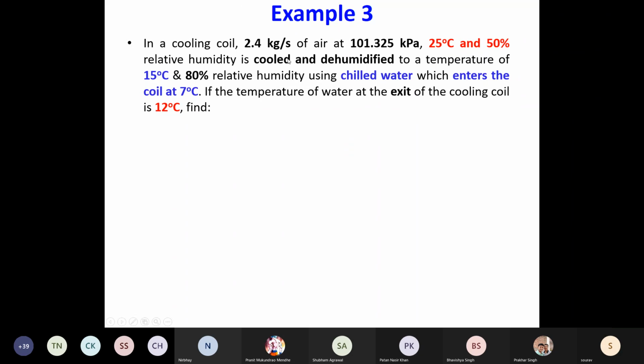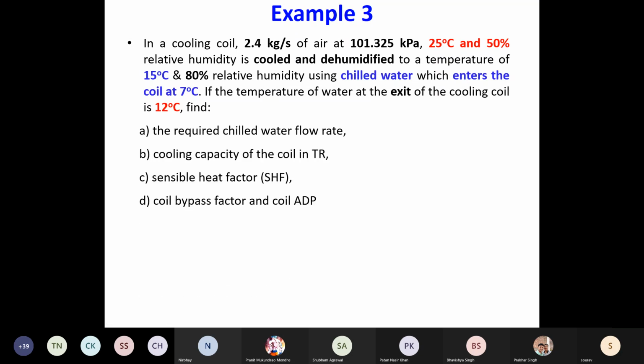So in a cooling coil, you have an air flow rate of 2.4 kg per second. The atmospheric pressure is given, temperature and relative humidity is also given. So this is the inlet condition of air, which is cooled and dehumidified to a temperature of 15 degrees C and 80% RH using chilled water, which enters the coil at 7 degrees C. If the temperature of water at exit of the cooling coil is 12 degrees C, find the conditions.